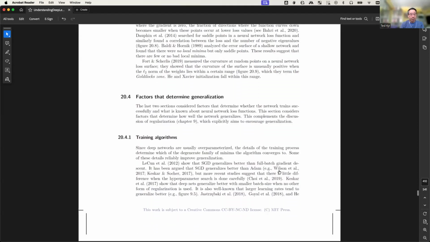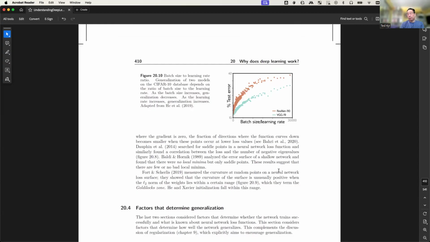Hey, can I make a comment about that, Ryan? Yeah. So we were actually talking about this at work this week, and what I was pointing out is there's a little bit of a tension, because generally speaking, it's easier to get it to converge with a large batch size, but you're just not necessarily going to get as good of a final error. If you take it to the extreme, if you say smaller batch size is better, then why don't we just always train on batch size one?